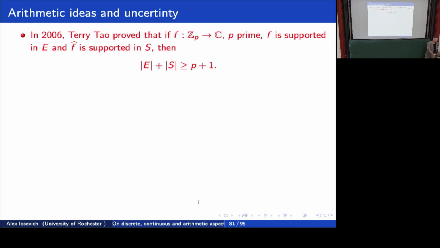So in 2006, Terry Tao proved that if F maps Z mod P to complex numbers, P prime, by the way, when I say that P is prime, I'm always talking about odd primes. I don't believe that 2 is a prime. They're entitled to their opinion, but they're wrong.